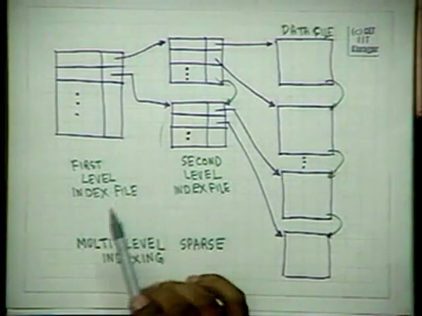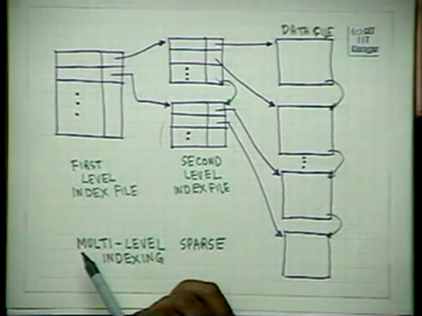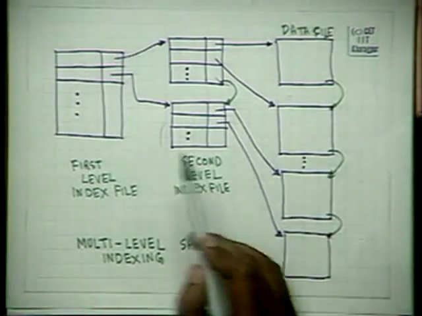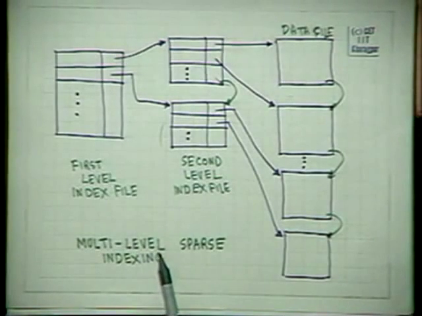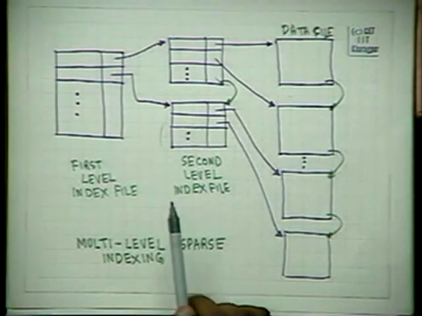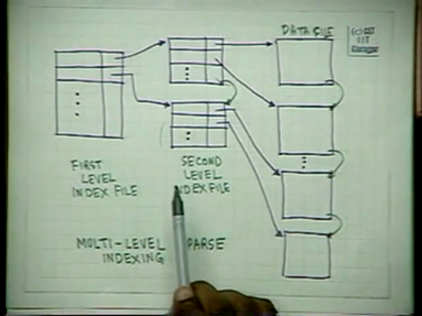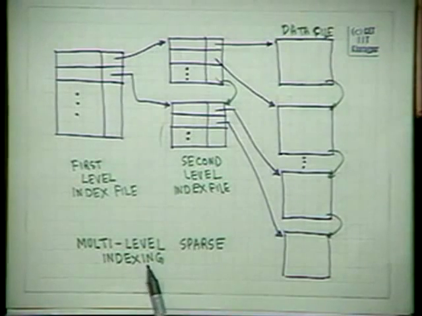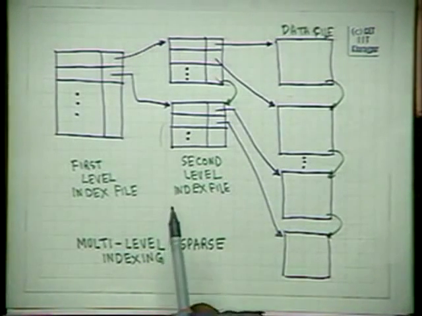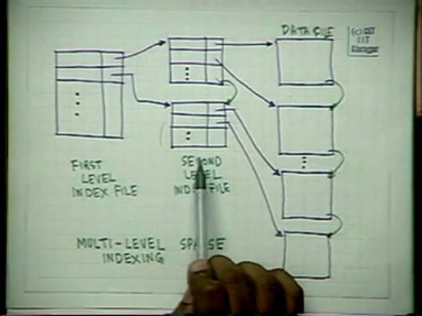What is the optimum level is the next question. And how will you reorganize, how will you redistribute so that everything is done in a proper manner? This is a question which we will answer when we discuss what are called B plus trees: how to have a dynamic number of levels.